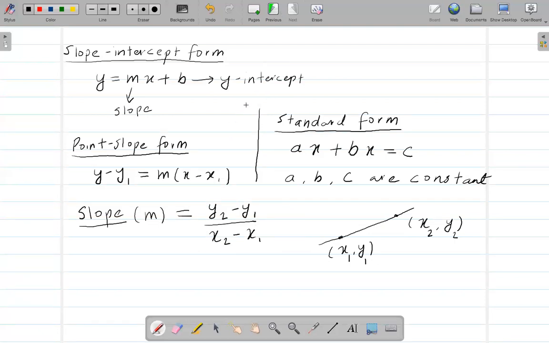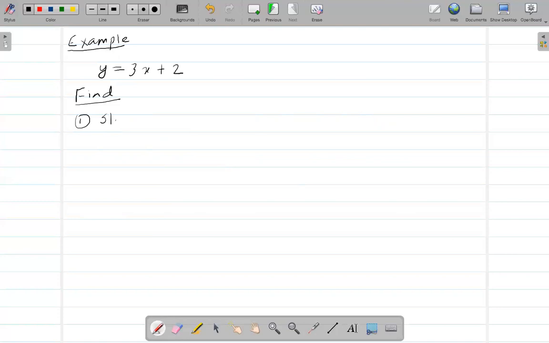So the first example, just a simple one: this equation is given and we need to find first the slope, and second, the y-intercept.